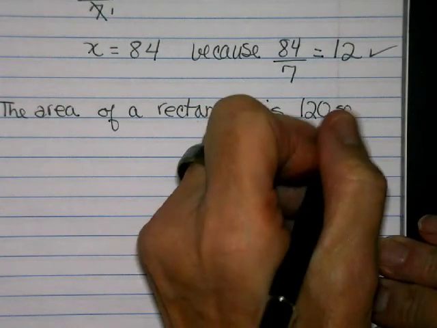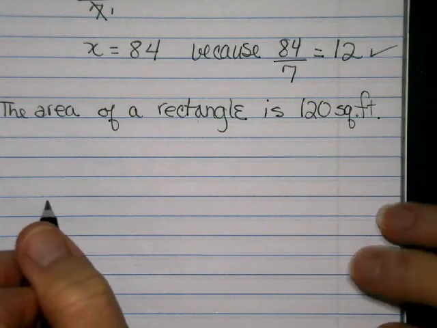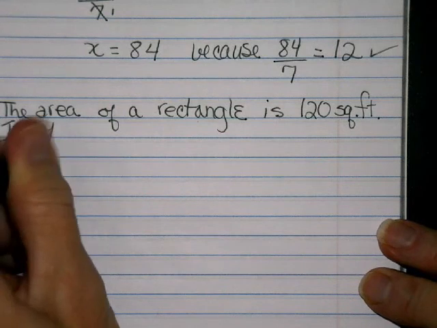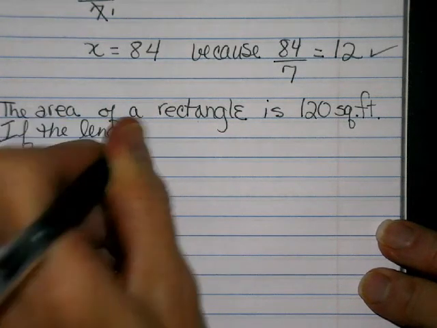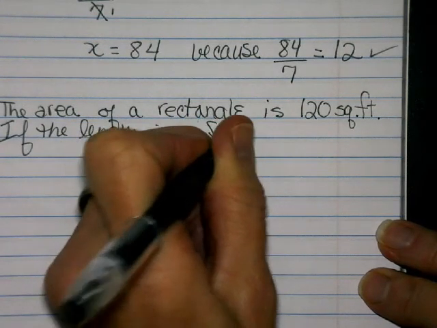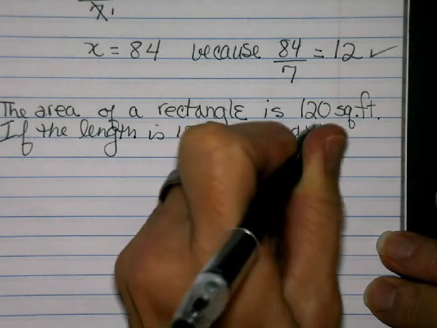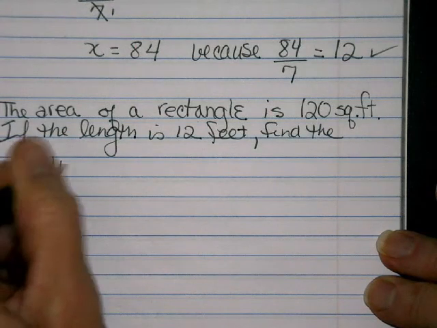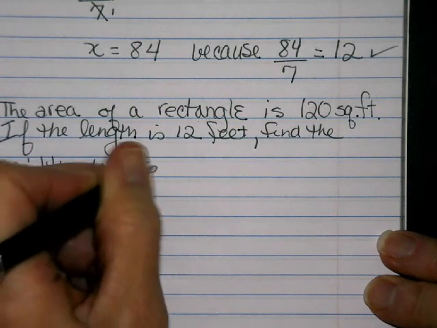The area of a rectangle is 120 square feet. If the length is 12 feet, find the width of the rectangle.